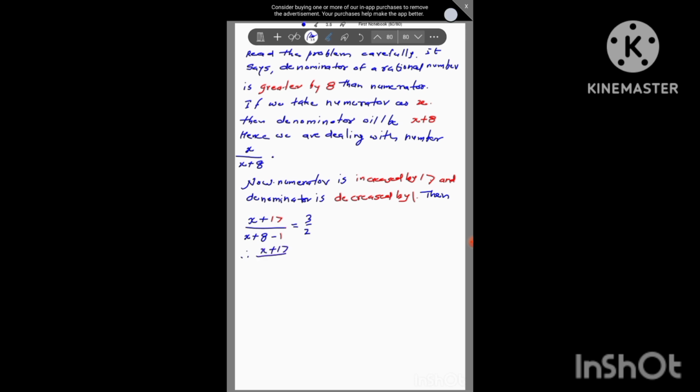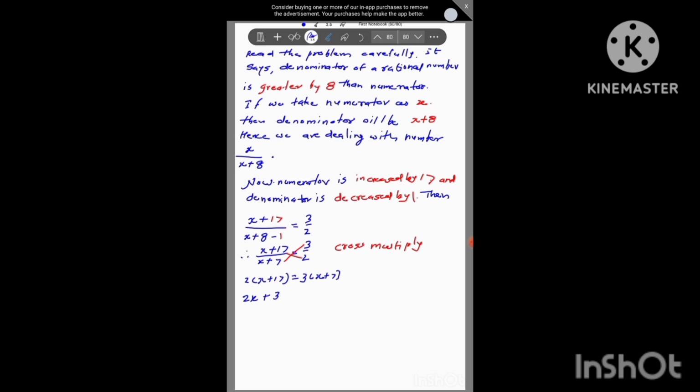x plus 17 upon x plus 7 is equal to 3 upon 2. Now cross multiply as we have seen in the previous problems. Now it has become very easy. 2 into x plus 17, and 3 into x plus 7.